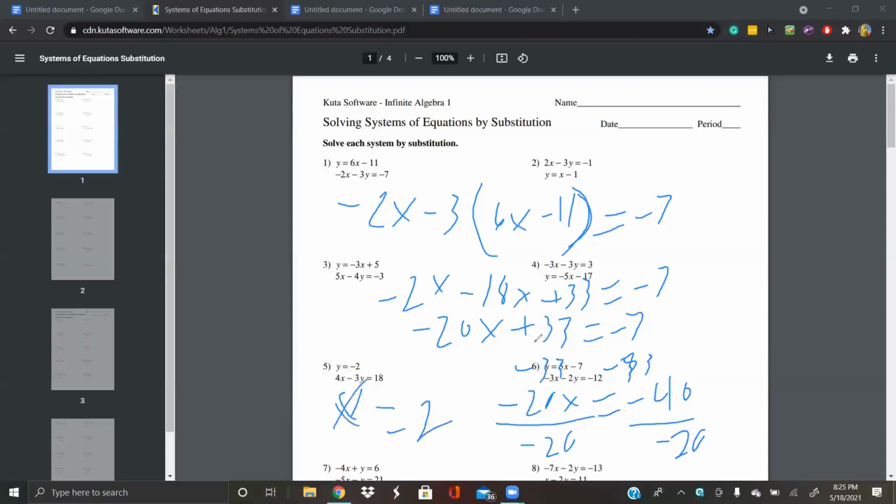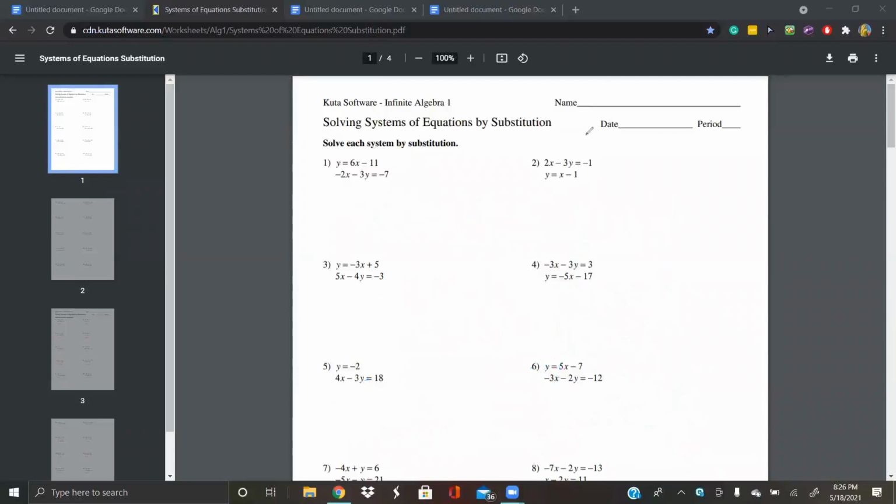So now we have to find y. To find y, we are going to use the standard form. We put in the x, and our x is 2. So negative 2 times 2 is negative 4, so negative 4 minus 3y equals negative 7. Then we add 4 on both sides to isolate the y.